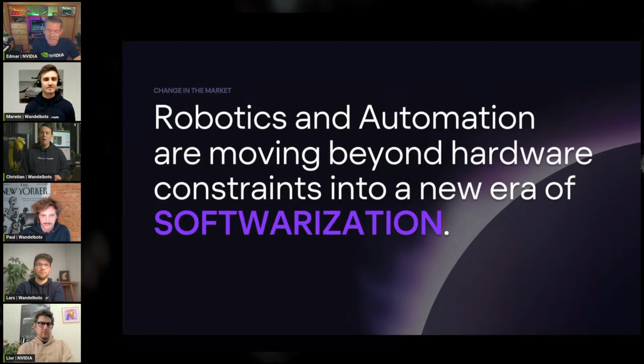So robotics and automation is currently undergoing a huge change when it comes to softwareization. And software is the part which is driving this change. Edmar, if you can play the first video.